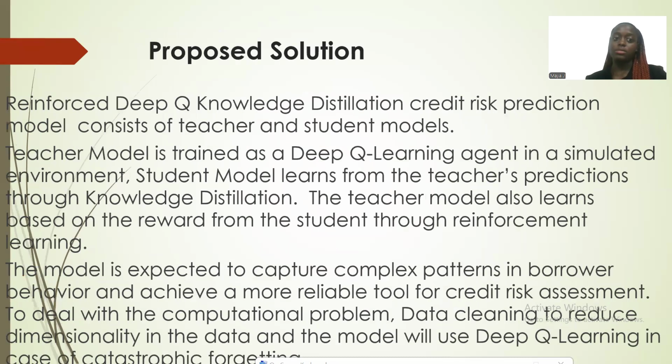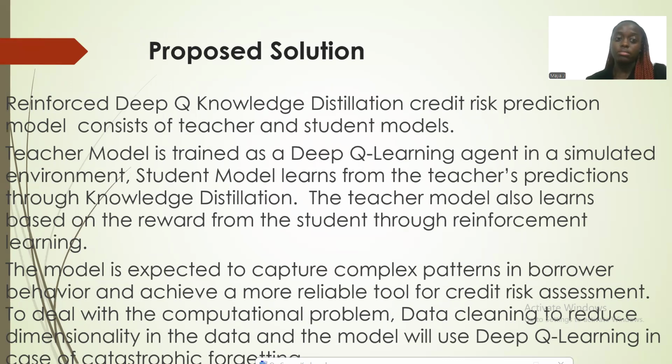Our suggested solution was to create a model that merges these things together so that we can cover accuracy and the high dimensional data that financial institutions may have, because they may have so many customers.